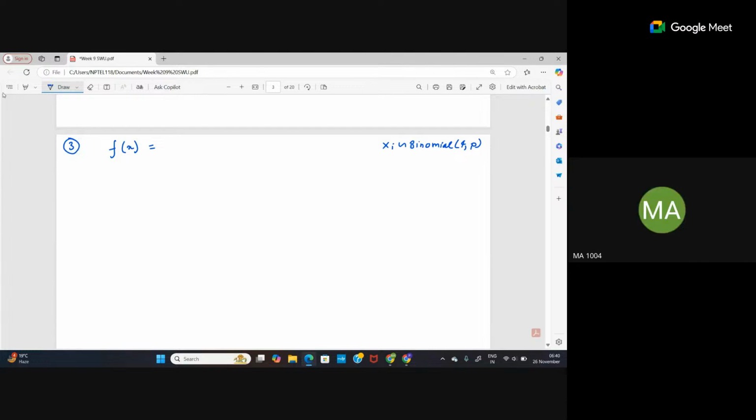And n is equal to 4 here. So it will be 4Cx, or k, whatever you can use. I'm taking x here. So 4Cx p to the power x and 1 minus p to the power n minus x, right?